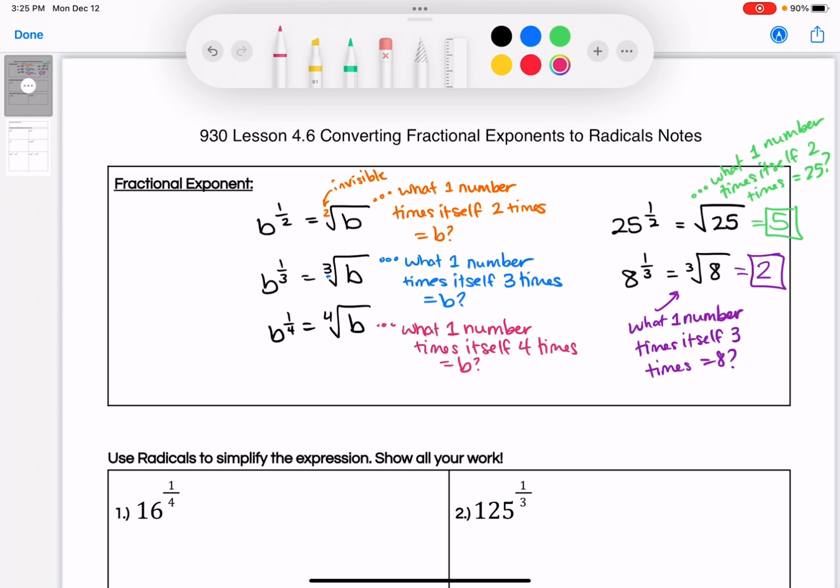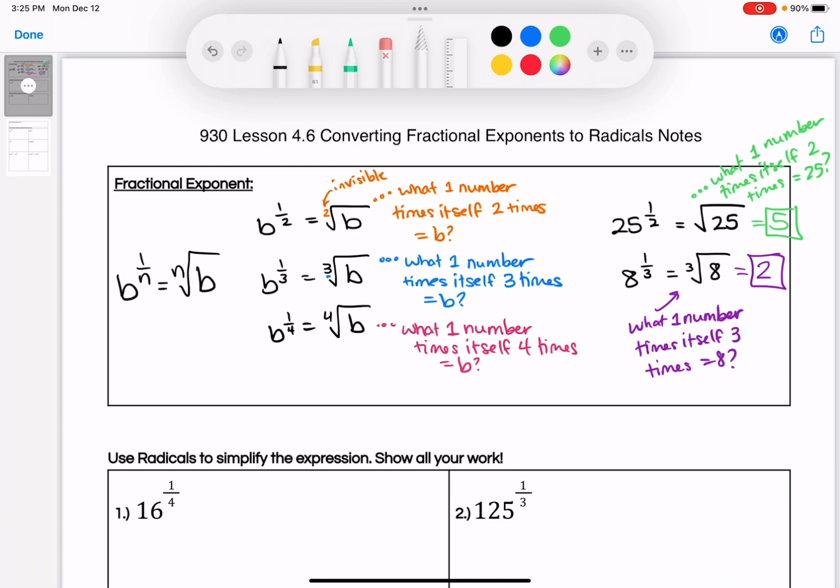So in general, when I have a fractional exponent, if I have b to the 1 over n, whatever n might be, any number at all, that would give me the nth root of b. In other words, the denominator is the degree of the root. How many times are you having to multiply the thing by itself?